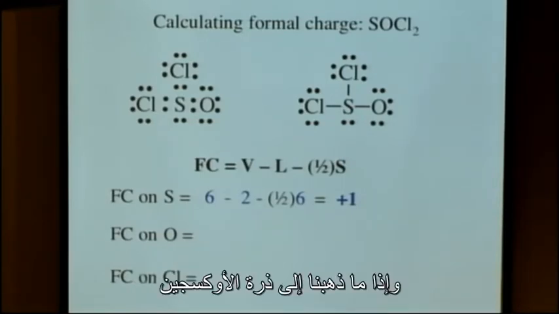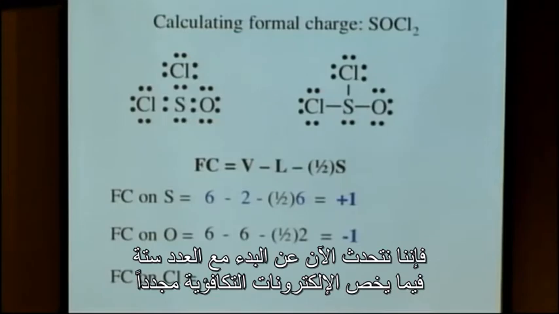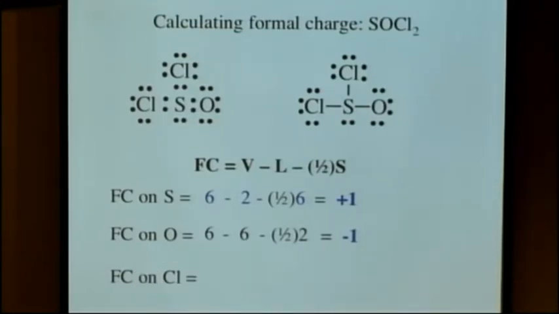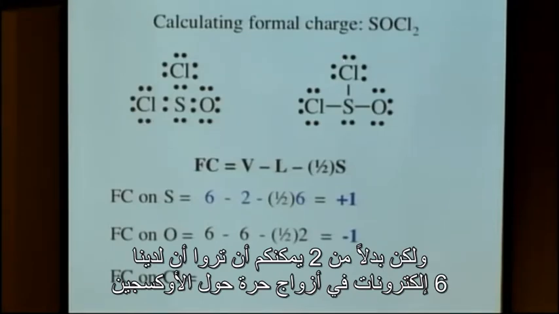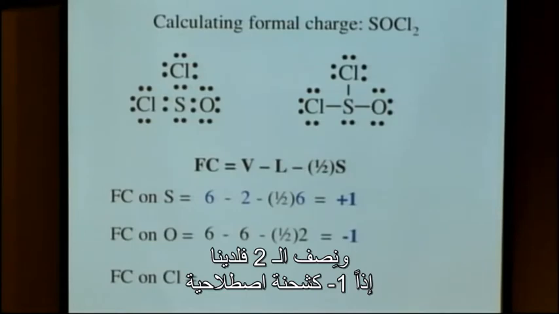If we go to the oxygen atom, we're starting with 6 in terms of valence electrons again. But instead of 2, you can see we have 6 lone pair electrons around the oxygen, minus 1/2 of 2, so we have -1 as our formal charge.